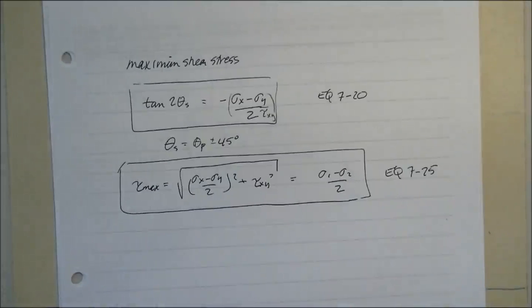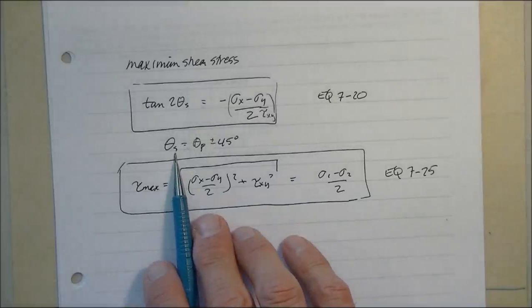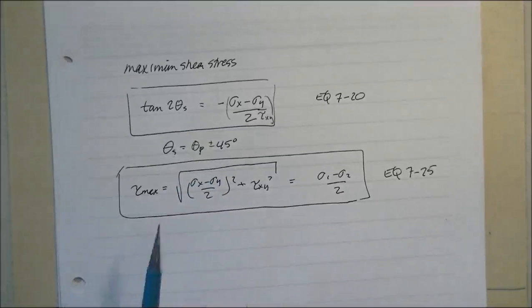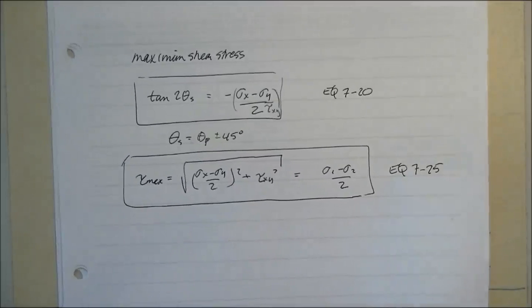All right, but we did discuss that there is an angle where maximum shear does occur, and that is defined by that formula there. The angle where maximum shear stress occurs is going to be the principal angle plus or minus 45 degrees, and the maximum shear is given by that formula.